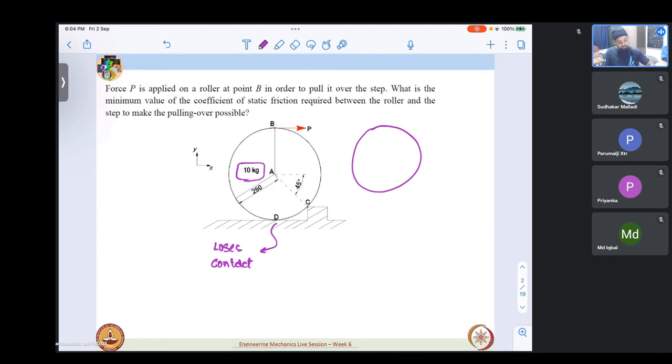Okay, so if we take this to be the disk, we know that a weight is acting downward. I'm just taking it at the center, that is mg force, and a force horizontally has been applied, which is P. We know that at point D it has lost contact, because that is the instant at which we are trying to analyze this.